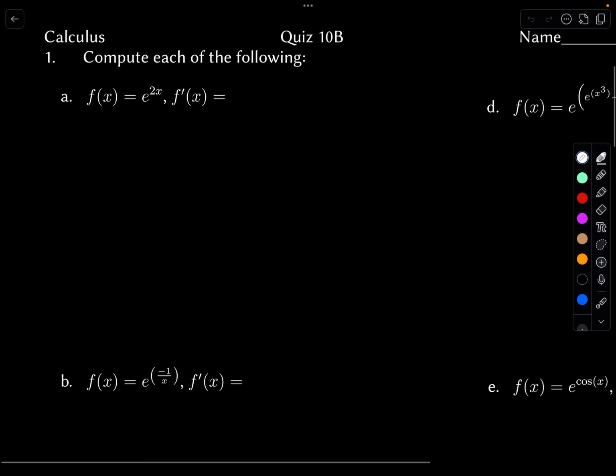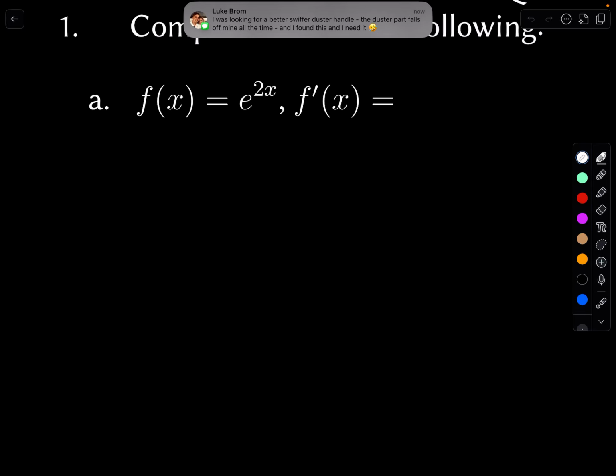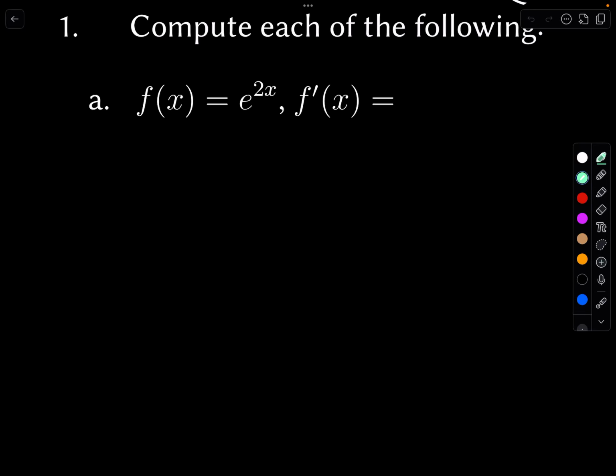Okay, so I had the request to do some exponential functions with the chain rule, so here we go. Starting out with this first one, I'll just use capital F, is going to be e to the x, and capital G is that.